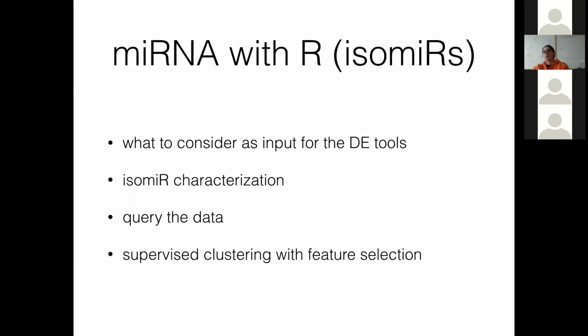Isomers are super useful to tell people what sequence to use for validation, because sometimes when you do the differential expression, the mature microRNA, the one in miRBase, is not the one that is most differentially expressed in your analysis. It's some other isomer with some changes. So they can go directly and say, oh, this is a sequence that I can use for validation.